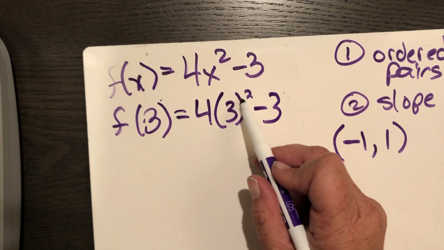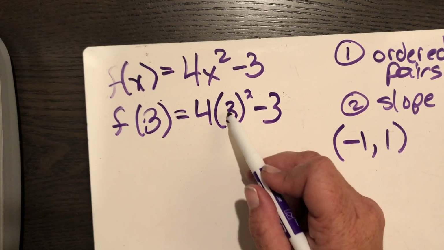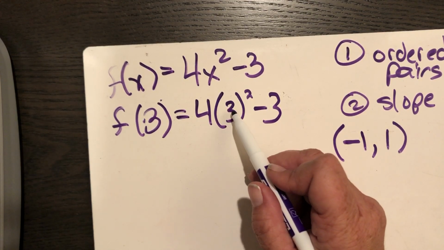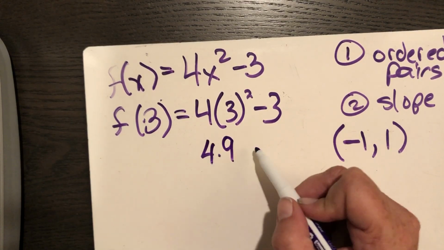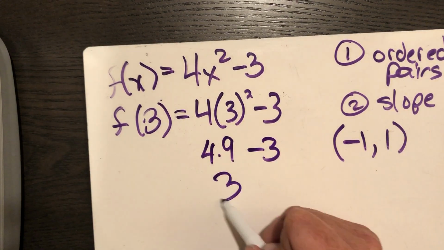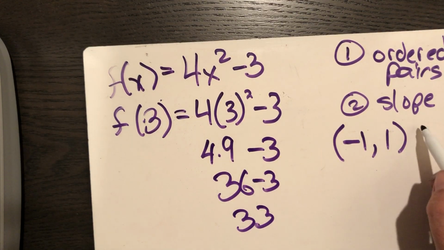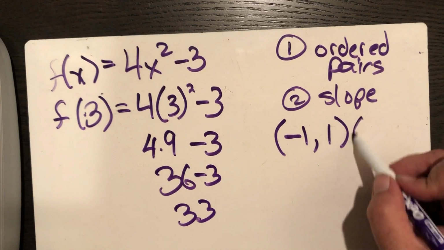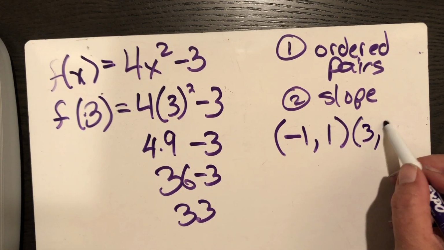You have to take care of the exponent first. Parentheses are really first, but there's nothing to do here. It's a 3. So now I'm going to square the 3. That gives me 9. So I have 4 times 9 minus 3. 36 minus 3, 33. So my second ordered pair is the x value is 3, my y value was 33.